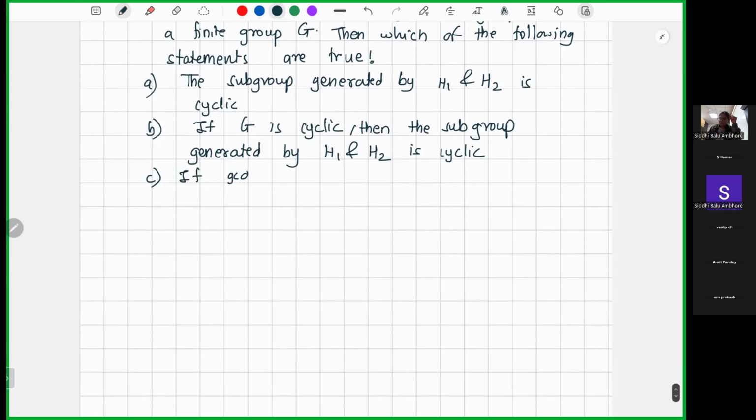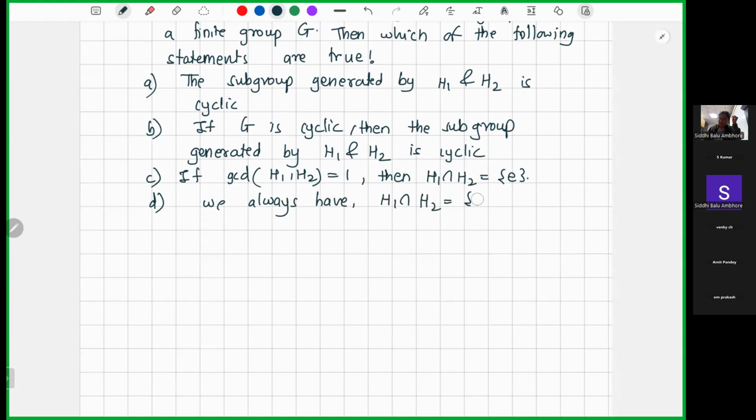And if GCD(H1, H2) is 1, then H1 intersection H2 is identity. And the fourth one, the D part, is that we always have H1 intersection H2 to be identity.